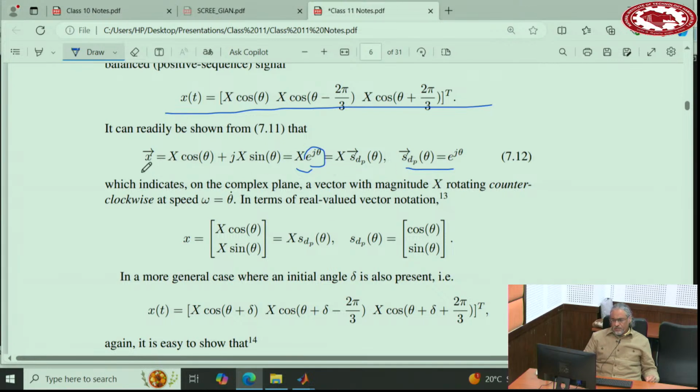And this equation, if you look at it, is a complex equation. So all the time when we have equations of this sort, you have the option of showing it this way as a complex equation, or you have the option of putting the real part in here, the imaginary part here, and showing it as a vector. Some people like vectors, some people like complex notations, it doesn't matter.